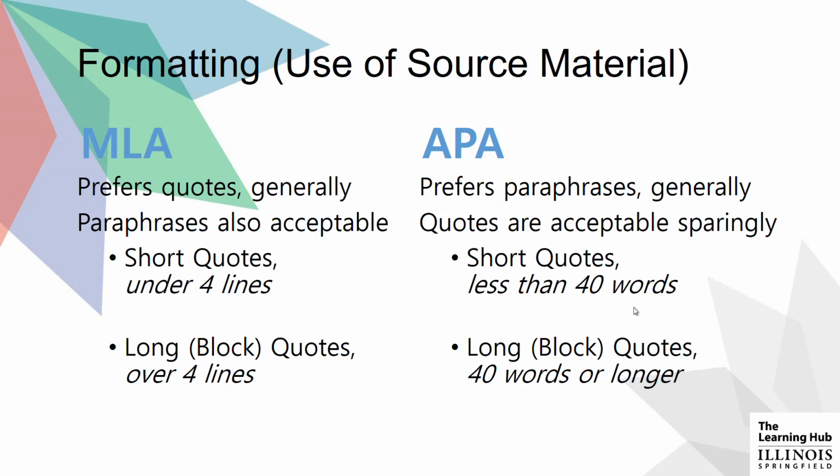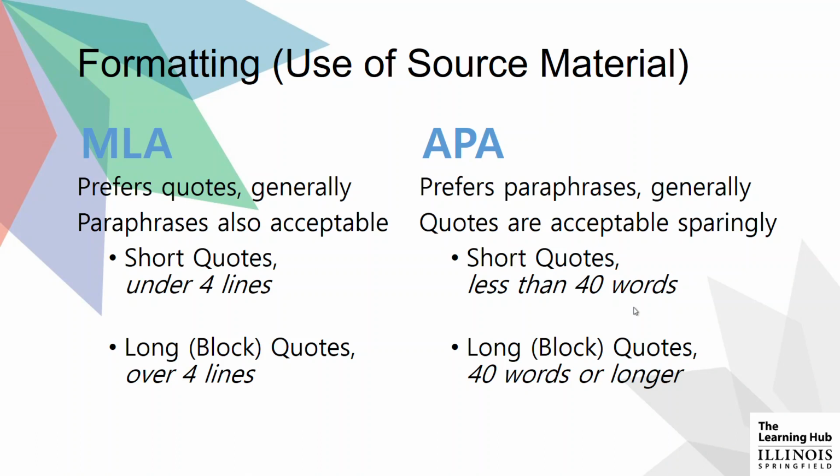But broadly speaking, MLA as a citation style is going to prefer the use of quotes, but paraphrases are also acceptable, and obviously summaries kind of follow along with paraphrases. It's just because we care very deeply about authorship and ideas, seeing the author's actual wording for information is valuable, so that's why quotes are generally preferred.